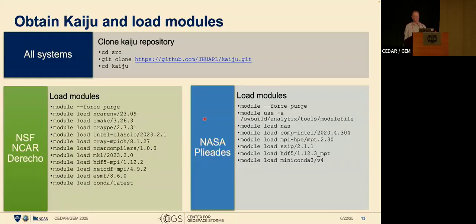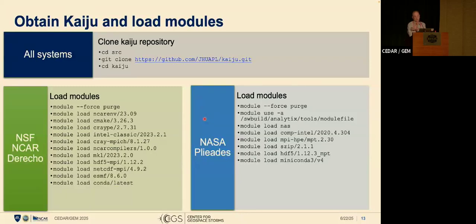Once you've got the software downloaded from GitHub, you're going to need to set up the module environment for your system. On the Derecho system, these are the recommended modules that we want to have in here for the environment variables, the compiler versions, and being able to have MPI.